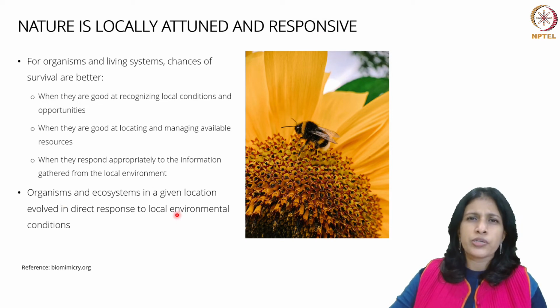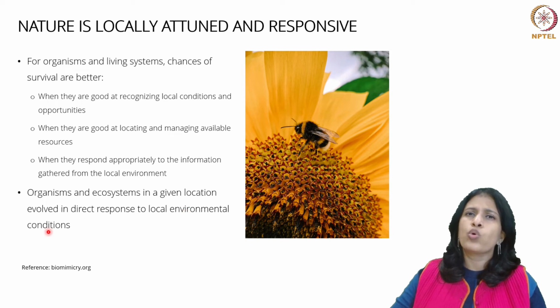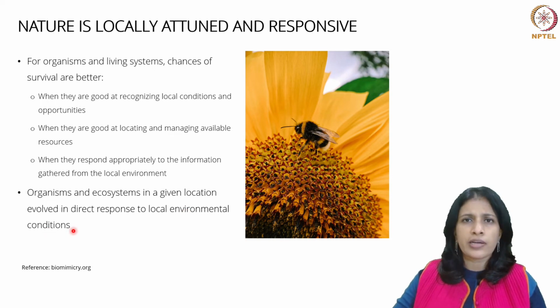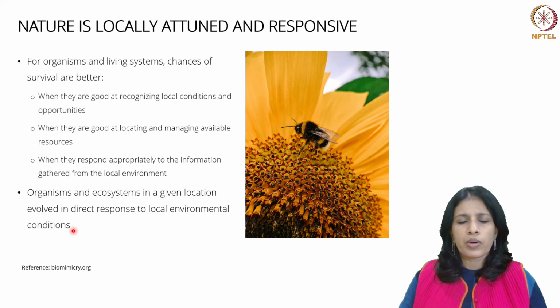In any location in nature, you will find that living systems and the organisms that inhabit them have evolved based on the local environment conditions. Some of these conditions may be cyclical in nature, for example, tides or the seasons. So, what these organisms do is they take advantage of those cycles and accordingly tune their life processes to that.